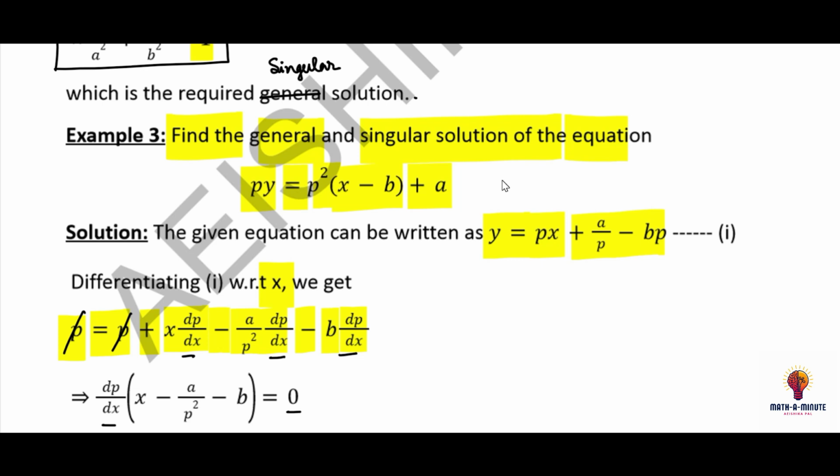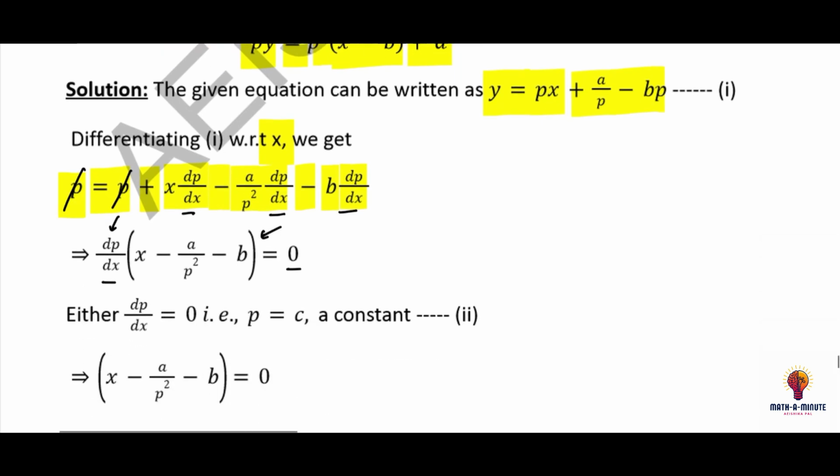Now we can say either dp/dx equals 0 or this factor is 0. If I take dp/dx equals 0, it will give us p equals c. From equations 1 and 2, if we eliminate p, it will give us the general solution.